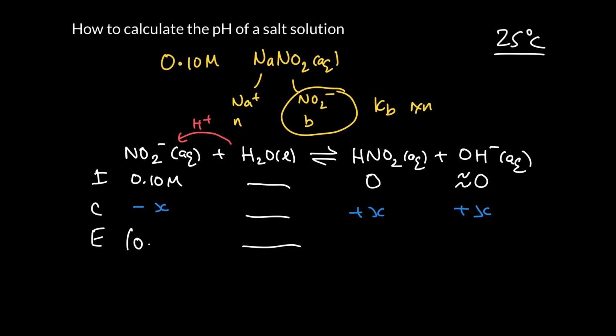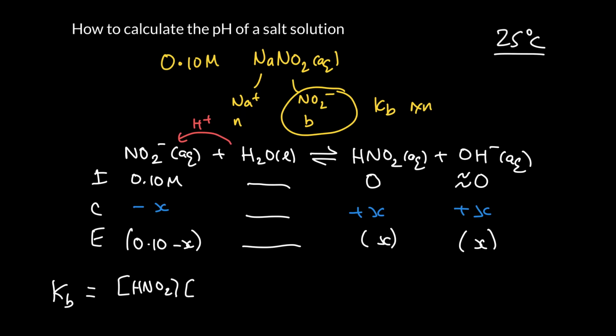At equilibrium, we just sum together the initial and the change. I'm going to drop the units because in equilibrium constants, we never write the units for concentrations. So Kb is equal to the concentration of products over reactants at equilibrium, and that's given by the bottom line values on the ice chart.